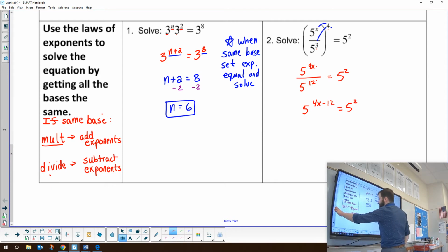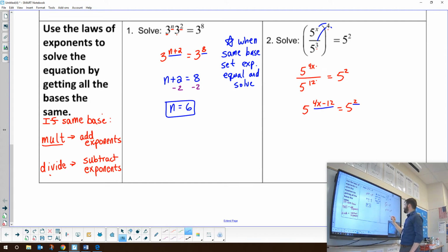Okay? And so now we can take this exponent here and set it equal to this exponent here. We can go 4x minus 12 equals 2. Now it's just a basic equation that I need to solve.